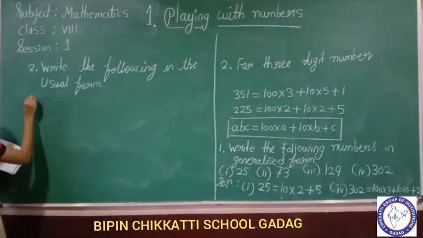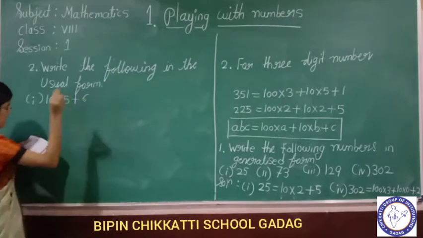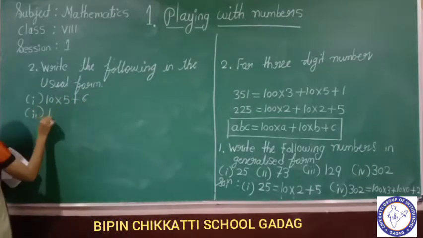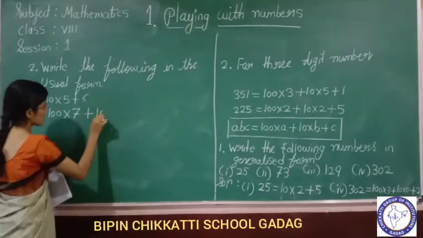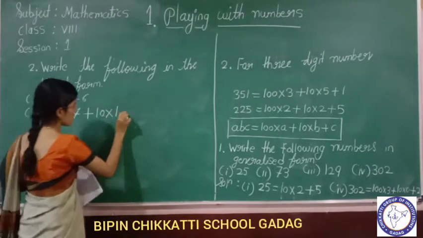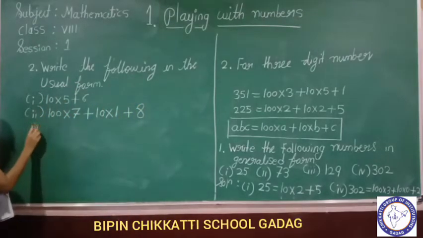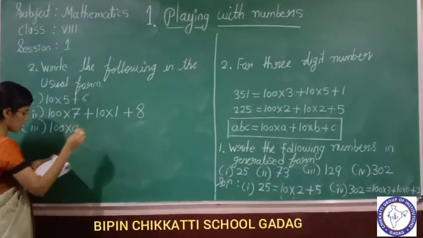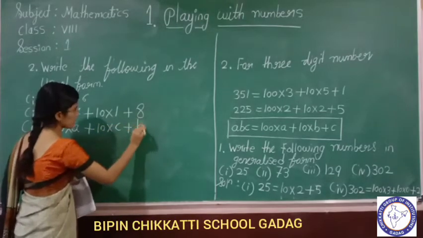First question they have given 10 into 5 plus 6. Second one they have given 100 into 7 plus 10 into 1 plus 8. Third one they have given 100 into A plus 10 into C plus B.